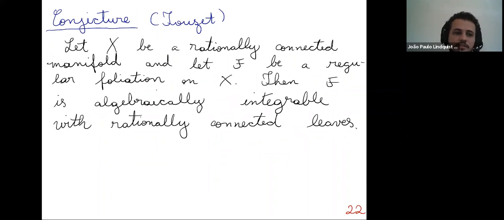But if we take only rational, we would miss examples like conic bundles over rational surfaces. They may not be rational, but they are rationally connected. So the conjecture says if X is a rationally connected manifold and F a regular foliation on X, then F is algebraically integrable and the leaves are rationally connected.